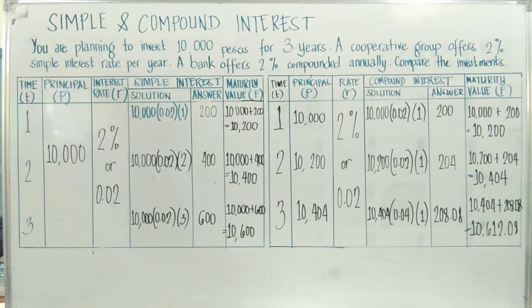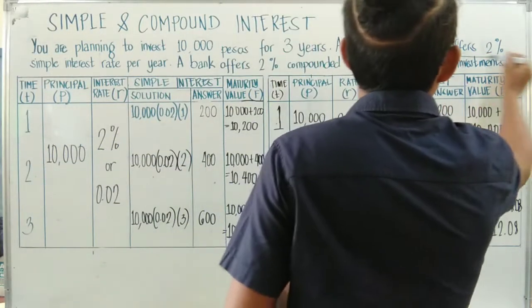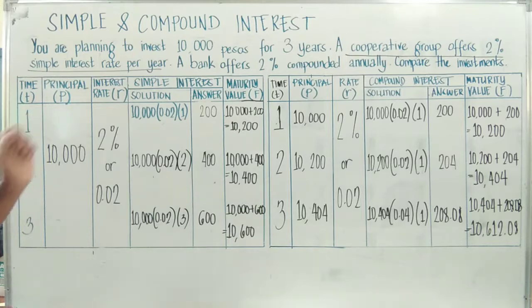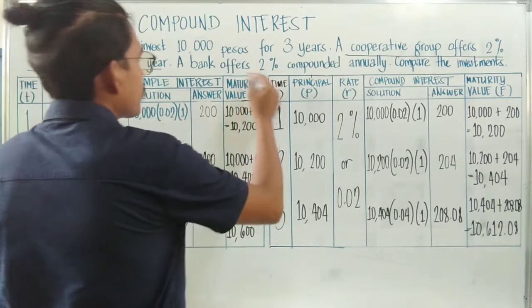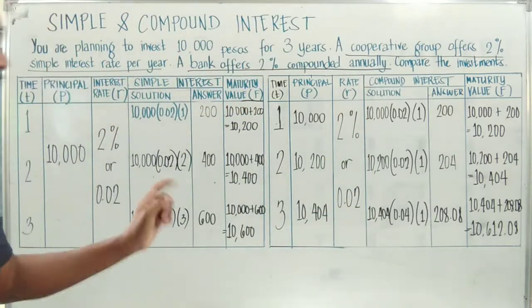So first let us read the situation. You are planning to invest 10,000 pesos for 3 years. A cooperative group offers 2% simple interest per year, and a bank offers 2% compounded annually. So let us compare the investments.